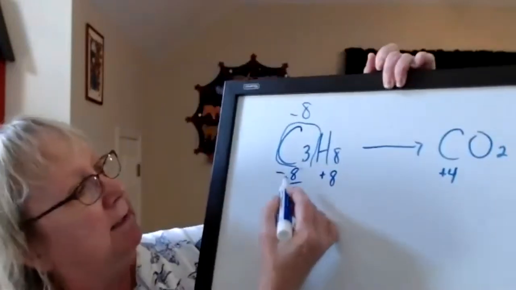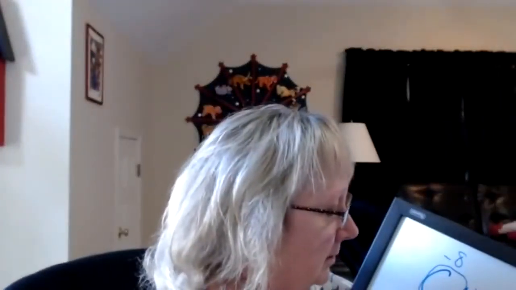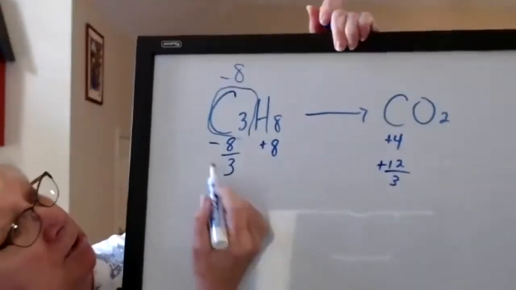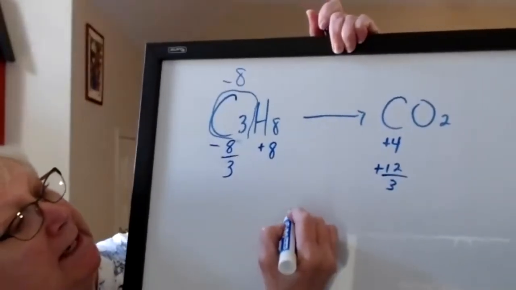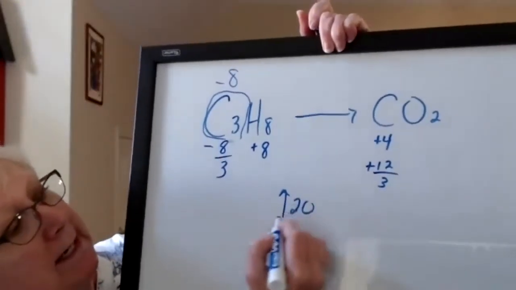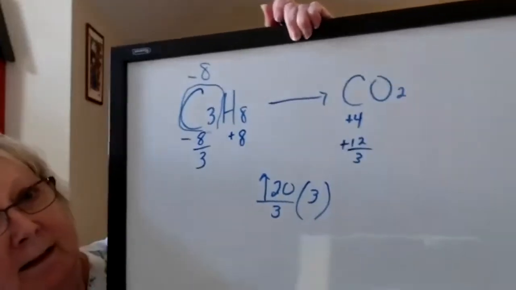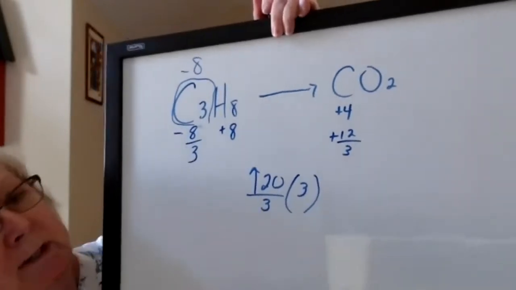If this is -8/3 and I change my 4 to +12/3, can y'all see that? So it goes from -8/3, climbs up to 12/3. That's an increase of 20/3, but there's 3 carbons doing it. So that's going to be an increase of 20.